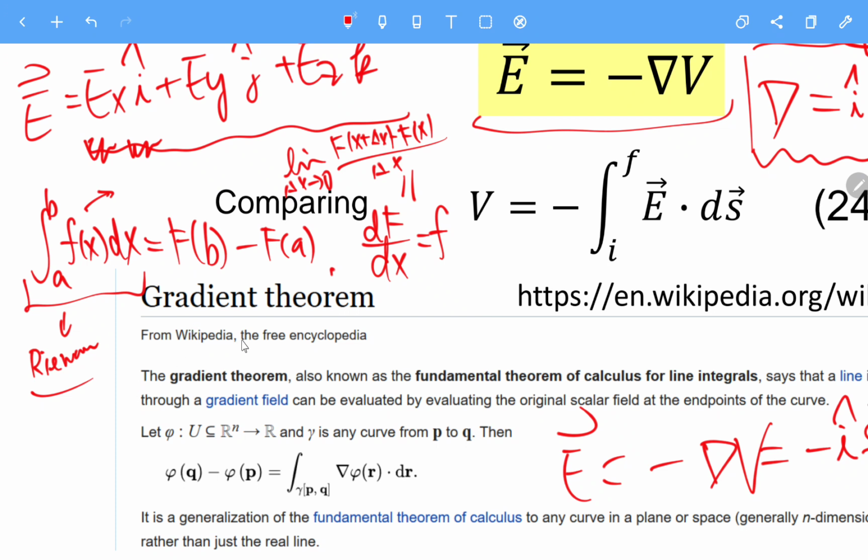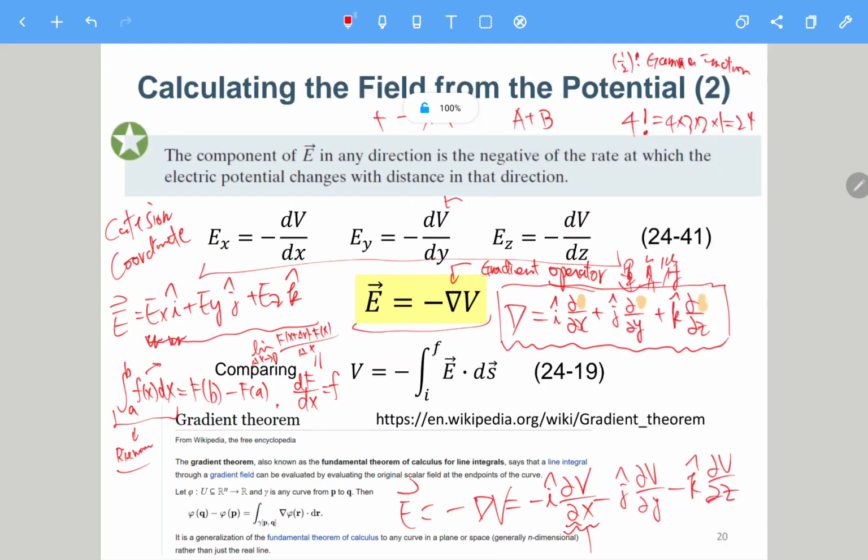That's why the fundamental theorem is important for calculus class, although you will never use it again. It only tells you that the derivative and the integration are reverse operations, and this is the fundamental theorem of calculus for line integrals. Later on you will also see the fundamental theorem of calculus for 2D and 3D versions, but later.